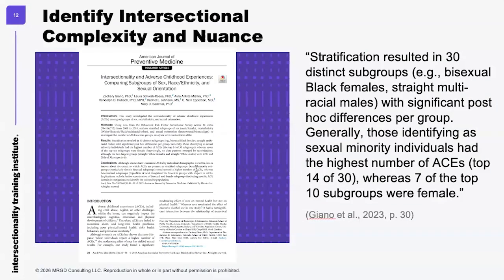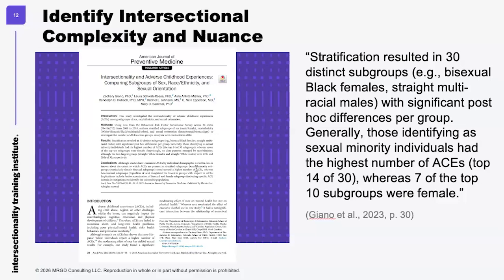There are lots of ways to do this, and we've already talked about Giano's paper where he does cross classification. Cross classification is a beautiful method to use when you have these predefined categories because it allows you to look and compare across different categories, right?